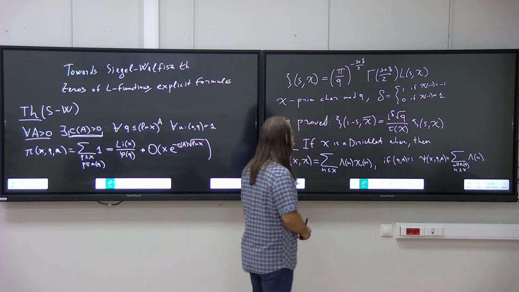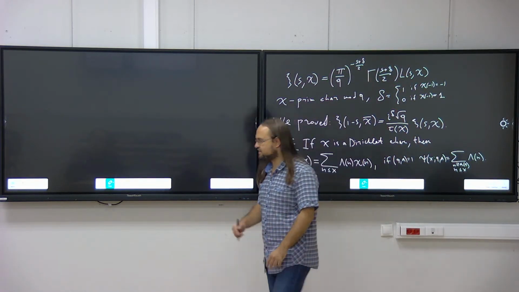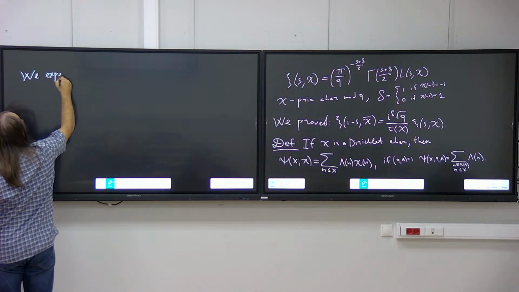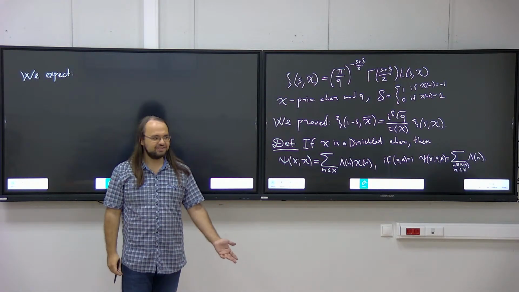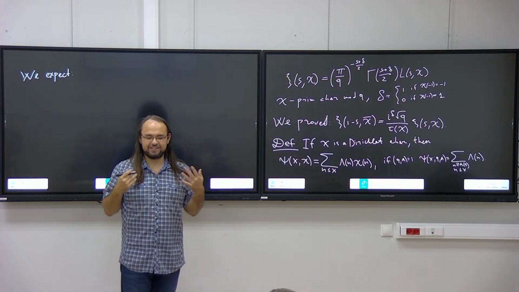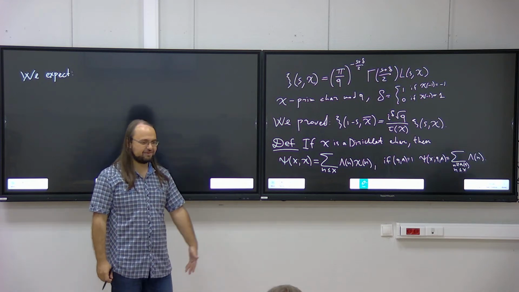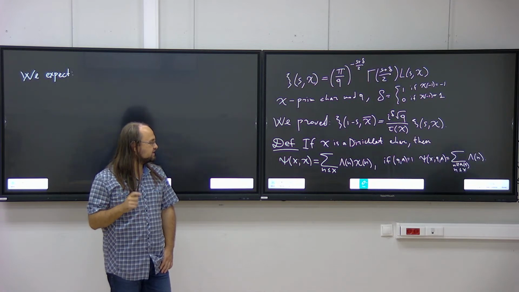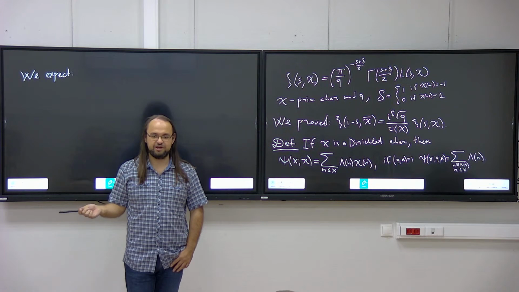So what do we expect of these two functions? Well, from the second one we expect the following. There is no reason to suspect that primes are not equidistributed modulo q in some sense, right? So if you take a primitive arithmetic progression, then we can guess that the number of primes in this arithmetic progression is close to 1 over phi of q, the total number of primes, right?